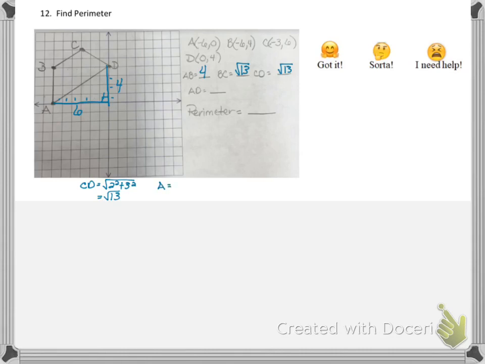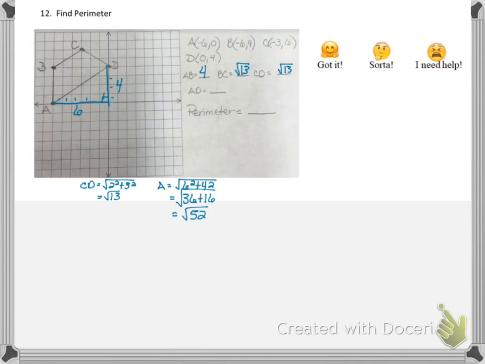So AD equals the square root of 6 squared plus 4 squared, which is 36 plus 16, still under the square root, which is the square root of 52. Some of you have had several different methods in simplifying radicals.